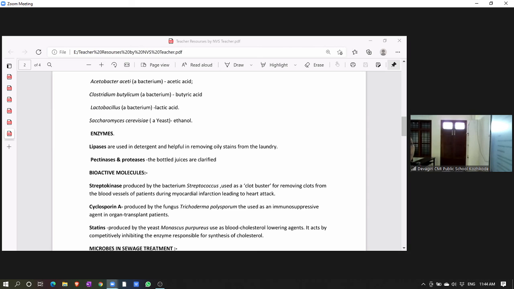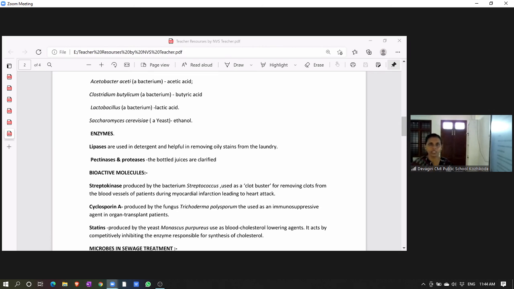For bioactive molecules, write the definition as: the molecules which are produced as a result of microbial activities are known as bioactive molecules.